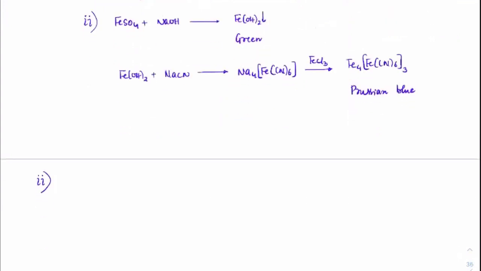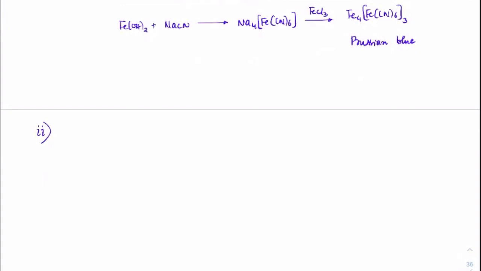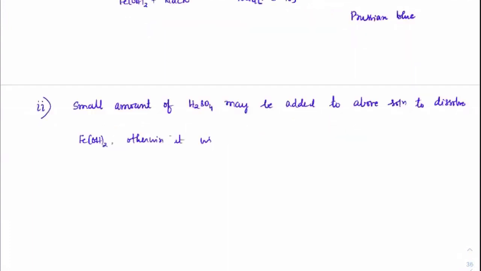To ensure that there is very little or no trace of Fe(OH)2, we will add a small amount of H2SO4 to the above solution. It will mask the Prussian blue color.